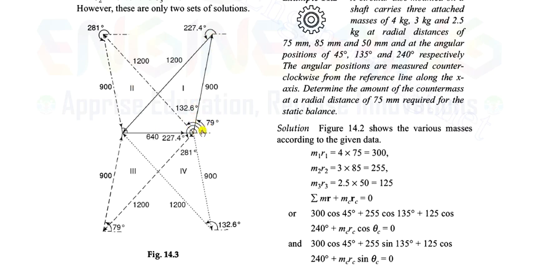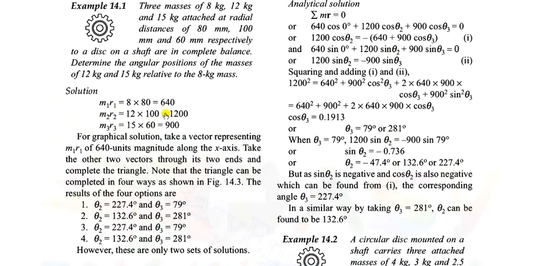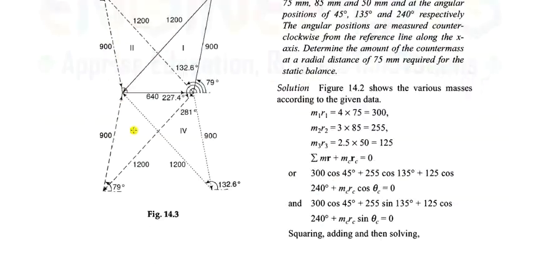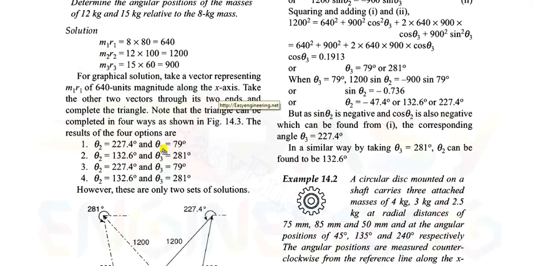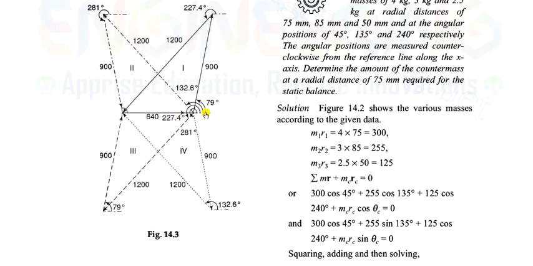Now the third one, this, m3 r3, the 15 kg mass, with respect to this x-axis is making 79 degrees. So theta 3 is 79 degrees. You have to measure from the horizontal, because we have to measure the angle with respect to the 8 kg mass, and this is for the 8 kg mass. Okay, so this is 79. Now this is the m2 mass.